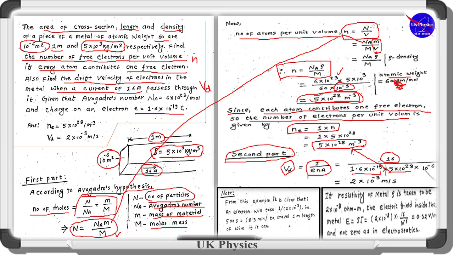That means the time taken by the electron to travel 1 meter length is very large. That means the electron itself has a very small drift velocity.